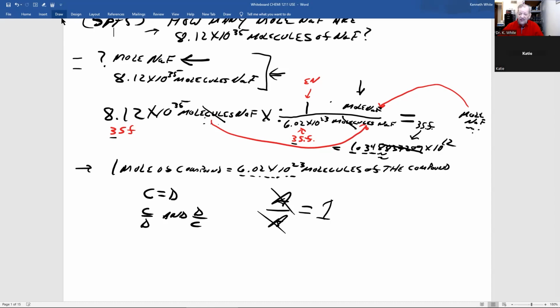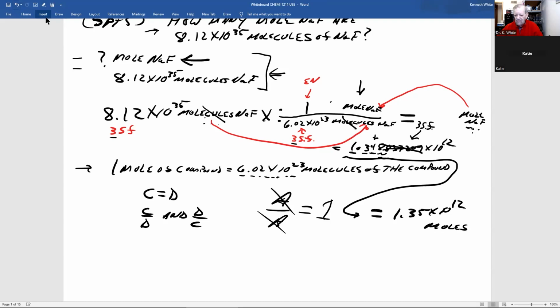So all this I drop, and this I increase by 1. And I'm going to move this down here so we have more room. And that's equal to 1.35 times 10 to the 12. Oops, forgot the 1 there. Moles of sodium fluoride. And that's how you do this.